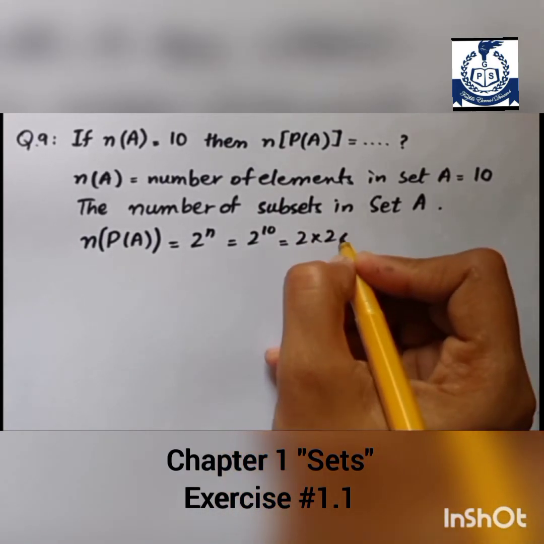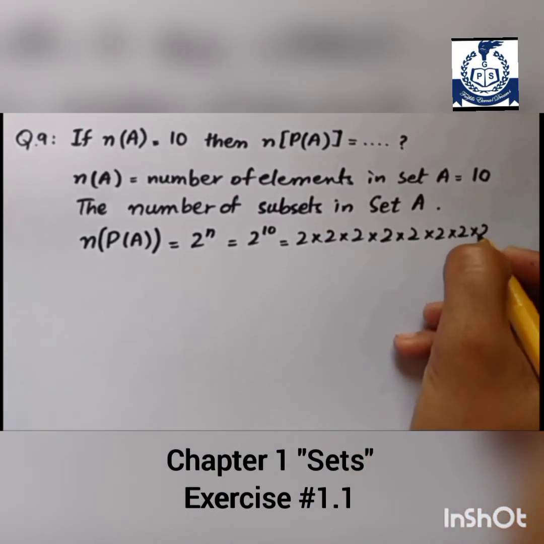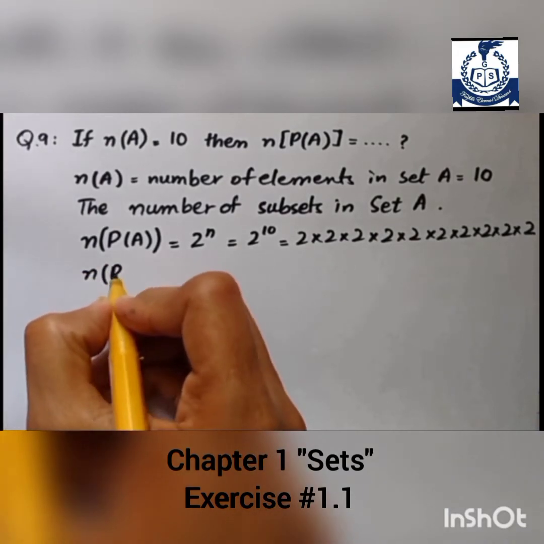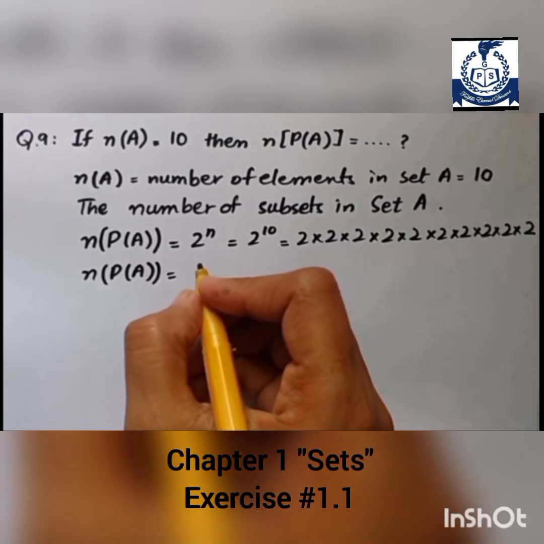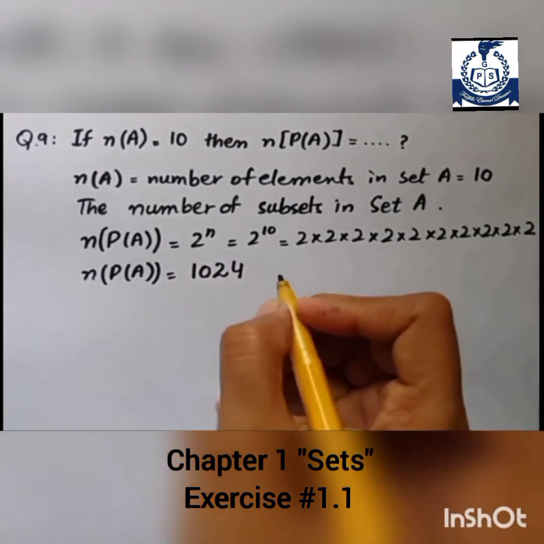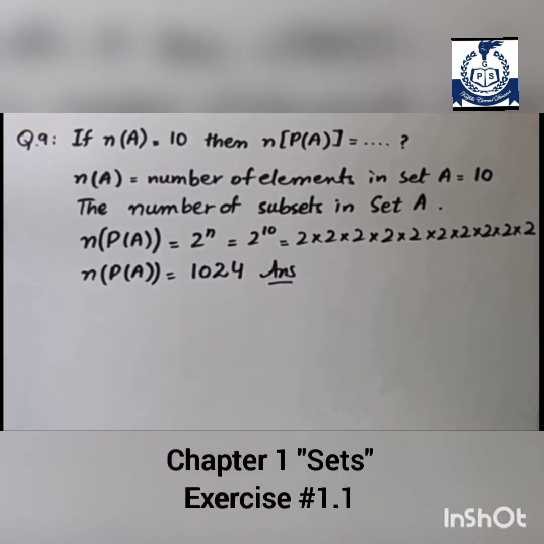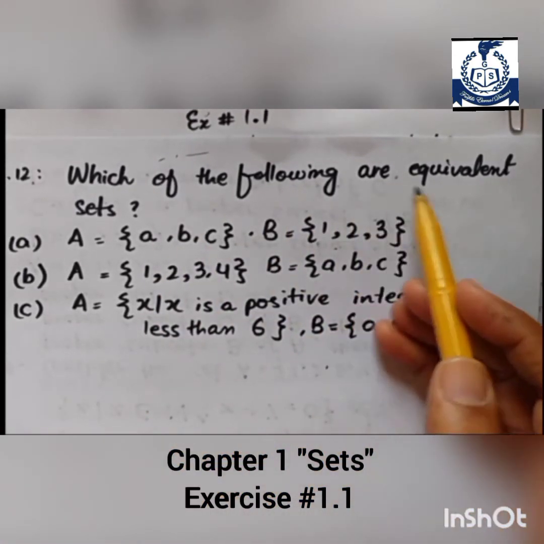We can write 2 multiplied 10 times. 2 power 10 is equal to 1024. This is the answer.